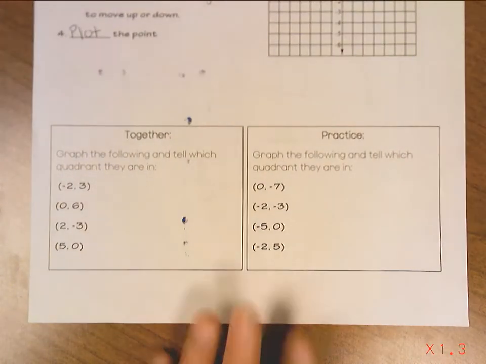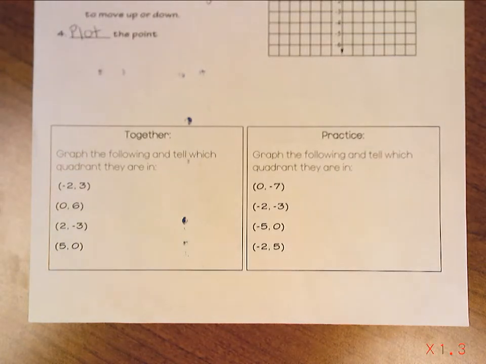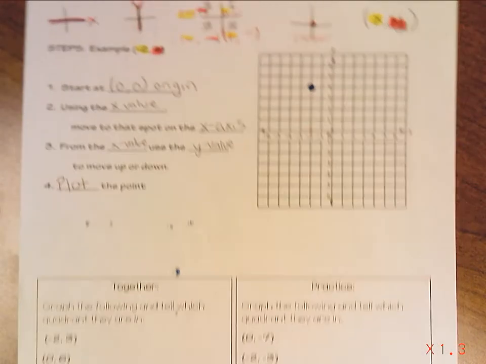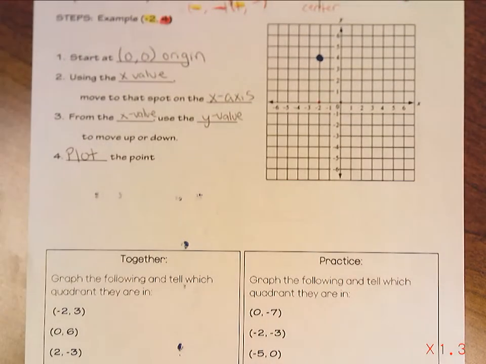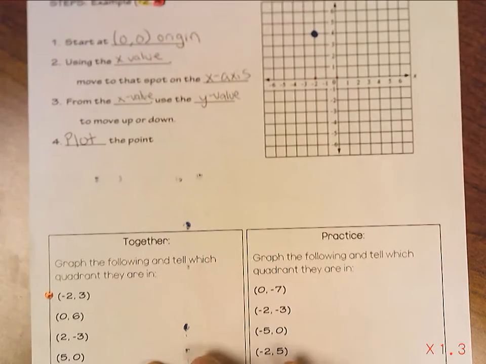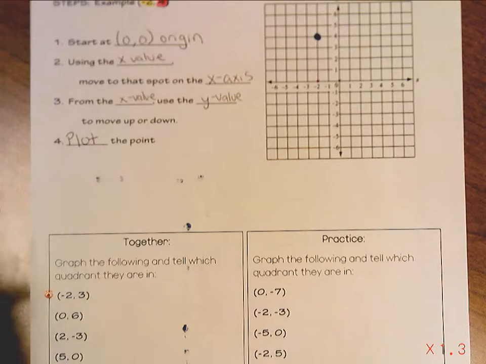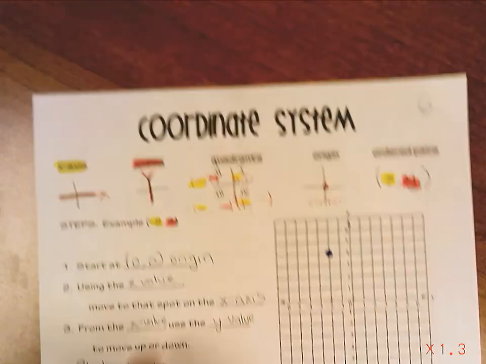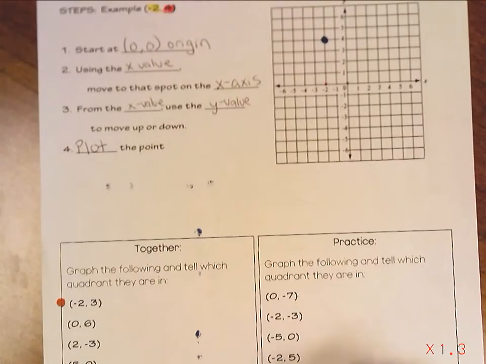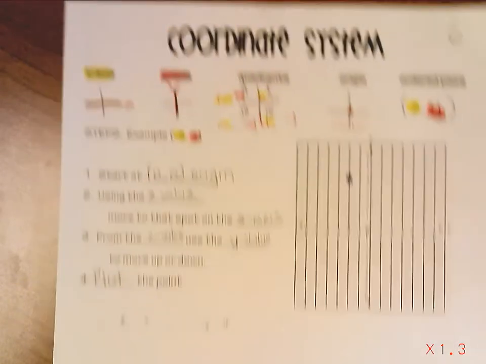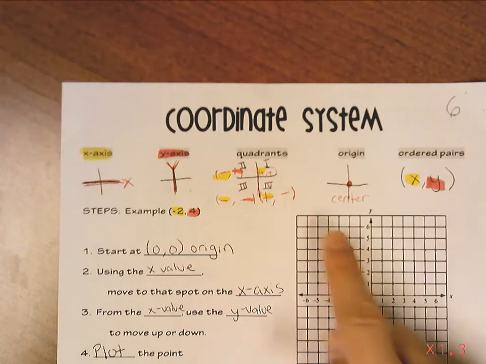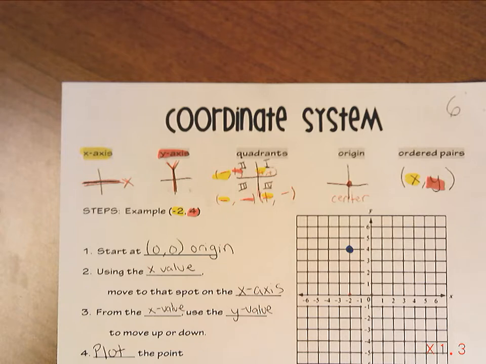Okay, now let's do some problems together. We are going to graph these up here. I'll do the first one in orange. It wants you to graph the following and tell which quadrant they are in. For example, this one would be in quadrant 2.